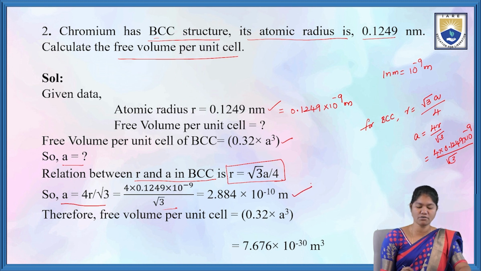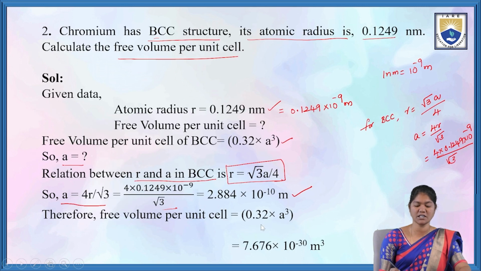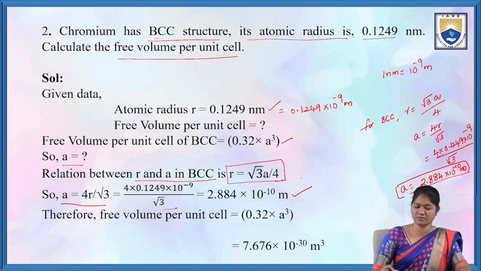Therefore, the free volume per unit cell is equal to 0.32 into A cube. We found the A value: A is equal to 2.884 into 10 power minus 10 meters. So the free volume of BCC is 0.32 into A cube.